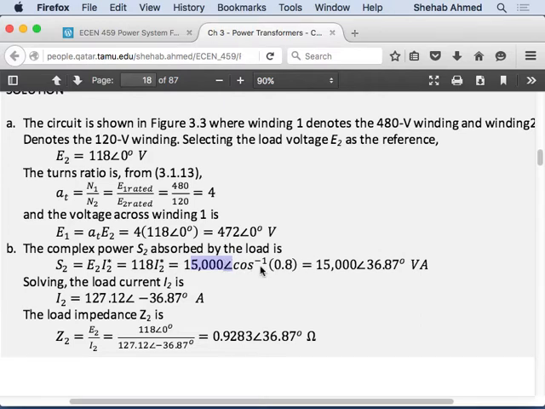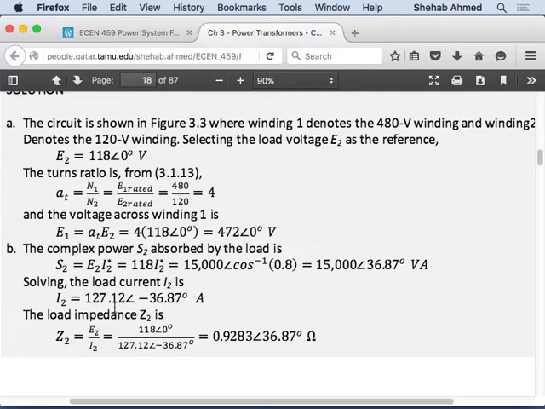From there I can calculate the current, and that's what they did for us here. If I know the current and the voltage of the load, I can calculate the load impedance. The next thing they asked was, what is this impedance as seen from the primary? You don't need to do this a squared transformation, by the way. How else can I do this?